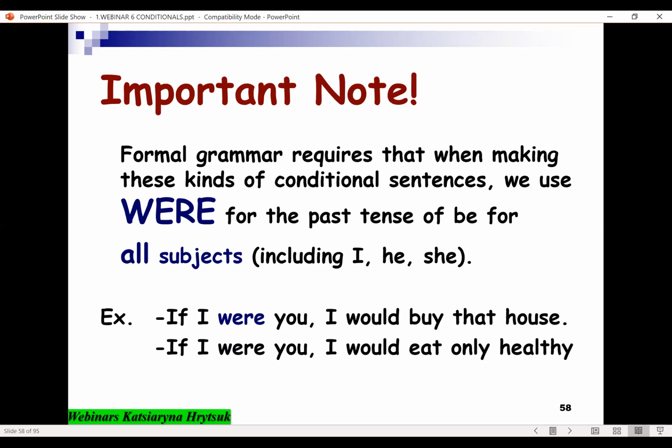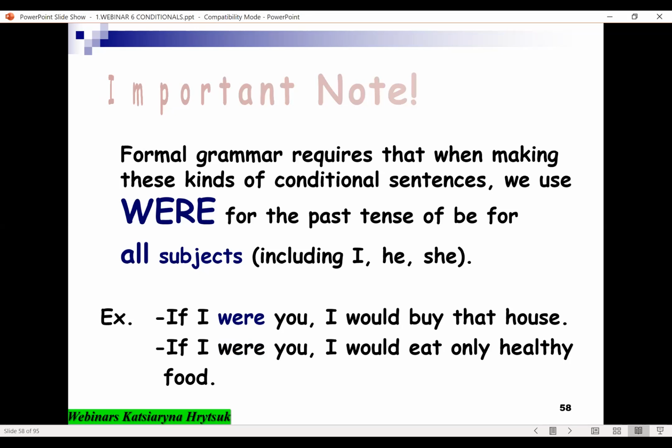If I were you, I would eat only healthy food. Okay, if I were you, I would go to see a doctor. If I were you, I would do some exercises today. Okay, even I, but plural. Please write it down. It's important.